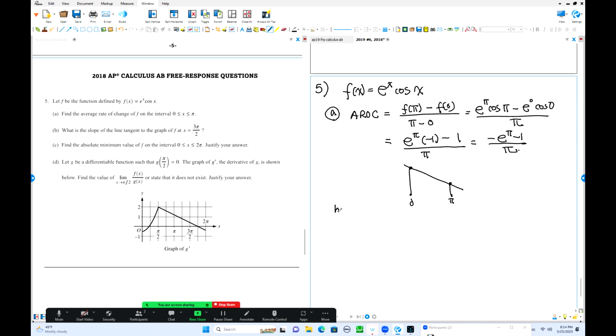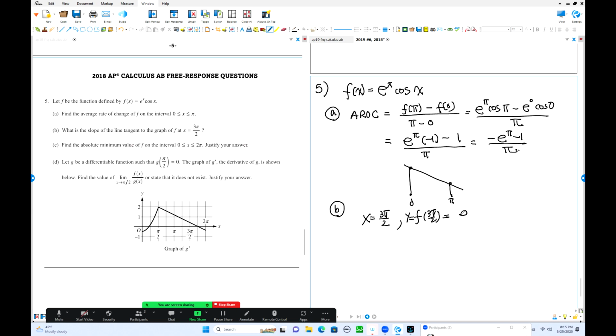All right, number B there. What's the slope of the line tangent to the graph f of x at the point where x equals 3 pi over 2? Line of a tangent, we need a point, right? x is given over here. We're going to find the y coordinate too. Put x equals 3 pi over 2 there, okay? This is the value of the y coordinate.